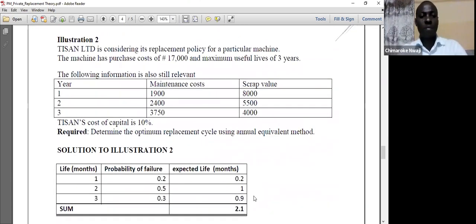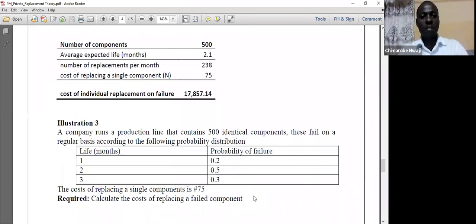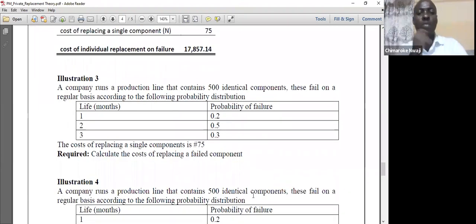Let's look at illustration 3. Illustration 3 says, a company runs a production line that contains 50 identical components. Let's think about it like saying that it has 500 identical batteries, or let's say light bulbs. These fail on a regular basis according to the following probability distribution. We have the life of the component.